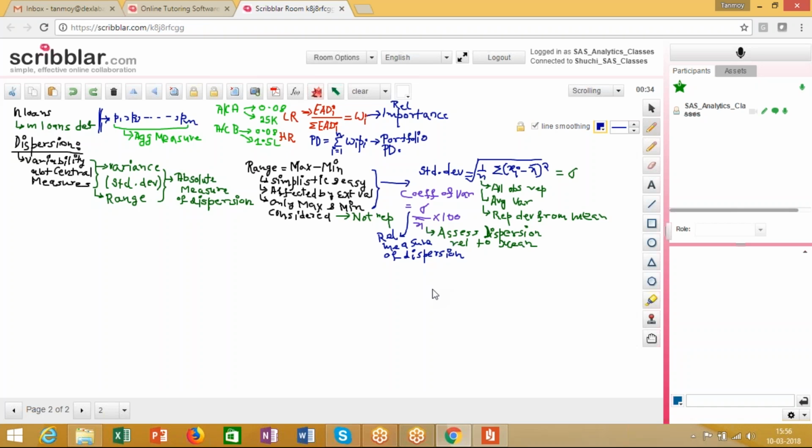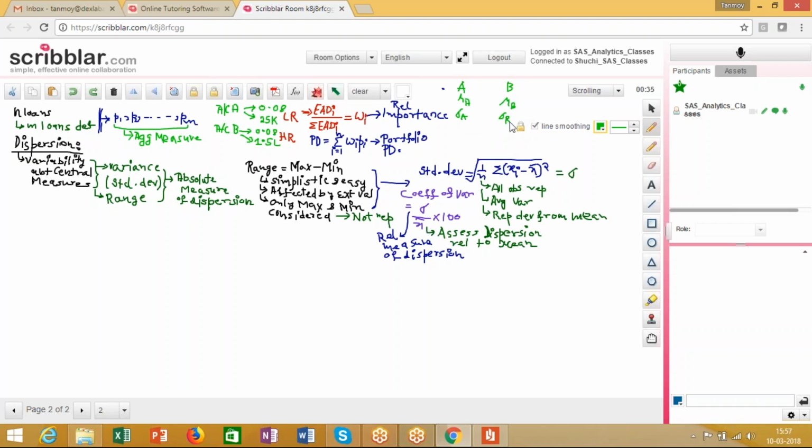Suppose there are two assets, asset A and asset B. Asset A has a mean return mu A, and asset B has a mean return mu B. Asset A has a volatility sigma A, and asset B has a volatility sigma B.